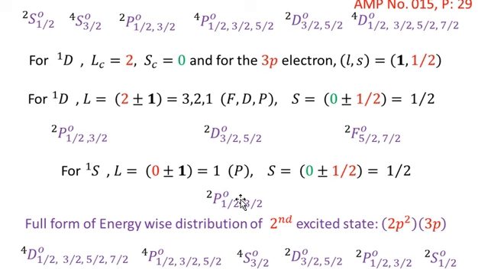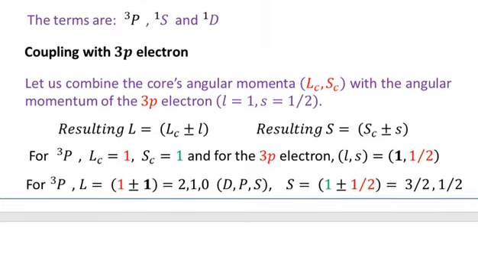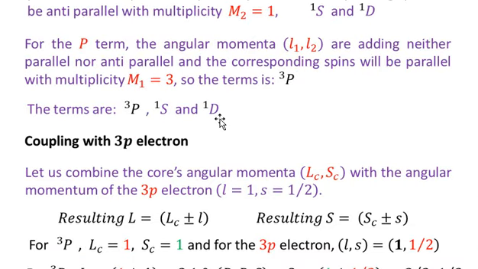First of all, I shall arrange them in the distribution of the 3P terms, because you see that the core terms were 3P terms, 1S terms, and 1D terms. Since the multiplicity is the highest for the 3P terms, first of all I shall arrange all the terms which were obtained using the 3P core with the 3p electron.